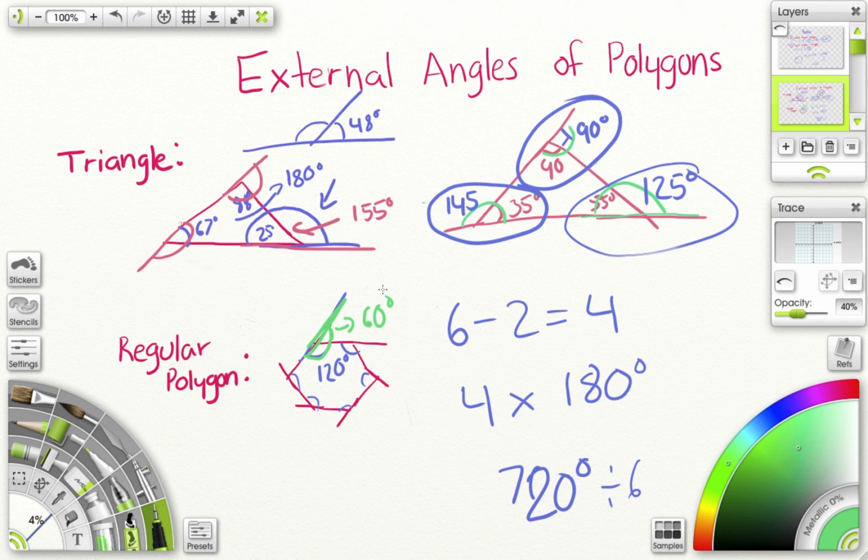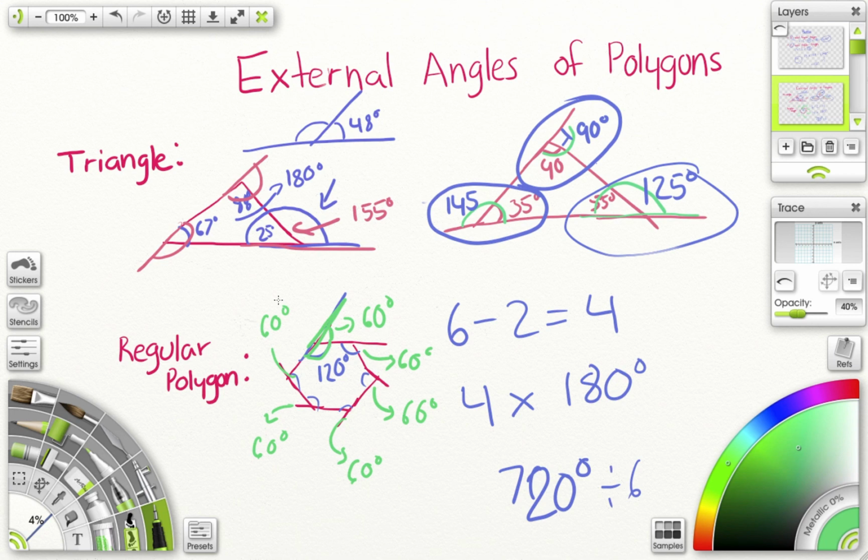If it is a regular polygon, as in every side is the same length, every external angle will be the same amount. So each external angle in this case is 60 degrees. And that's how you do it.